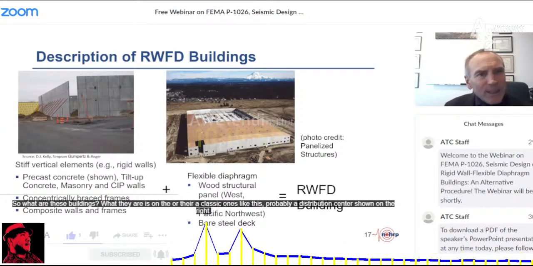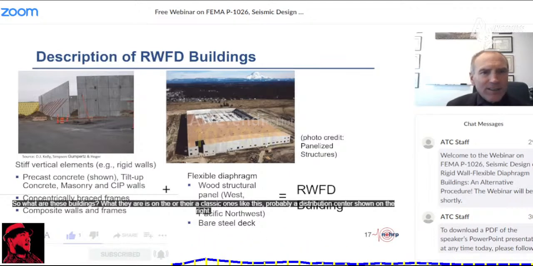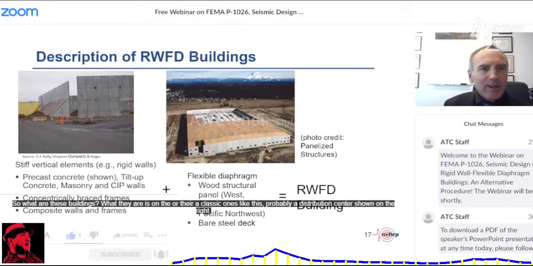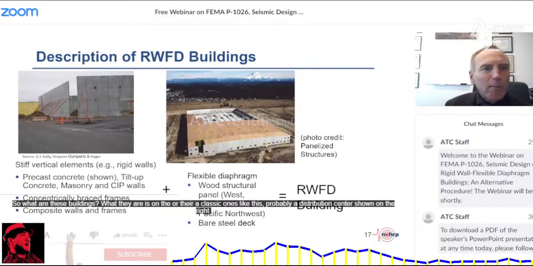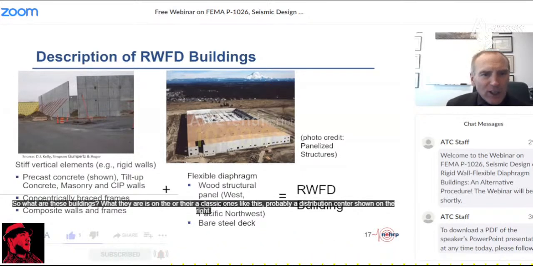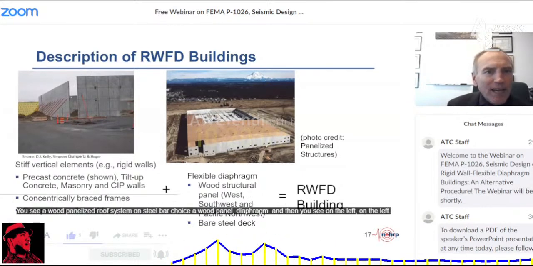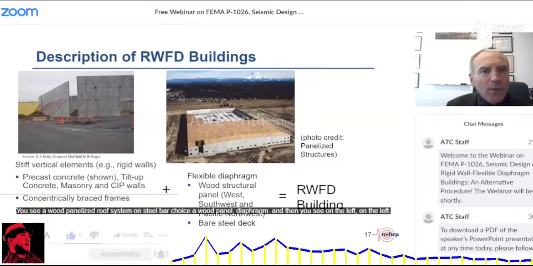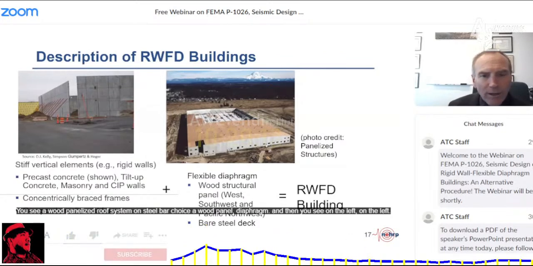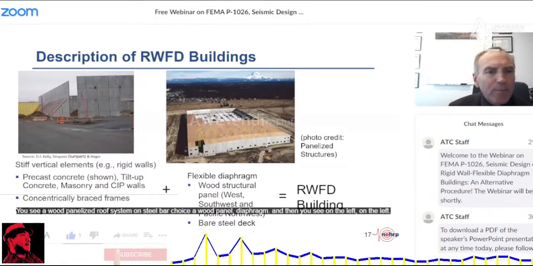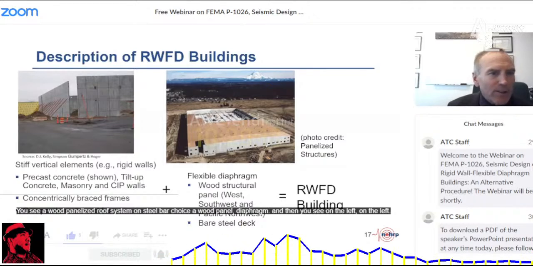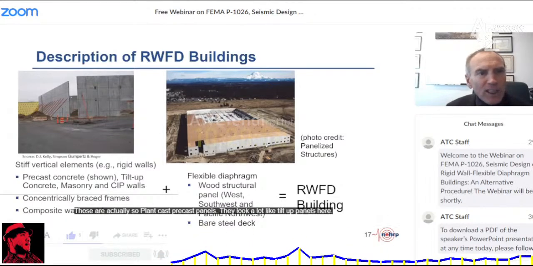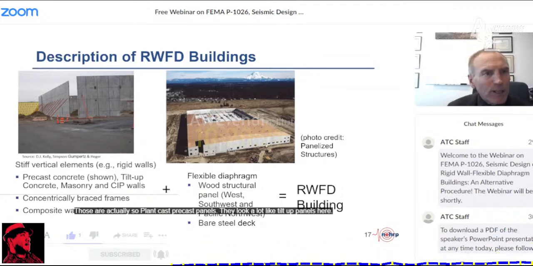So what are these buildings? What they are is a classic one like this, probably a distribution center shown on the right. You see a wood panelized roof system on steel bar joists, a wood panel diaphragm. And then you see on the left, those are actually plant cast precast panels.